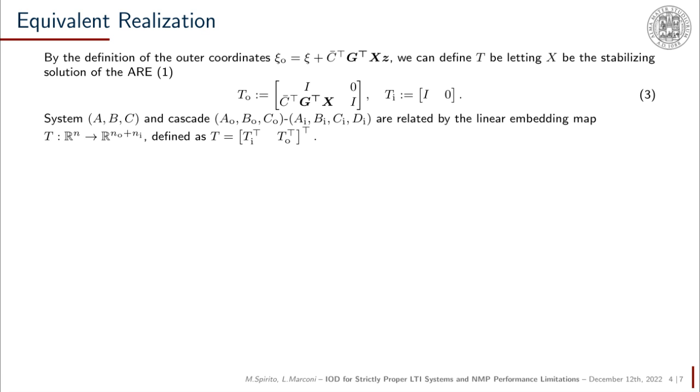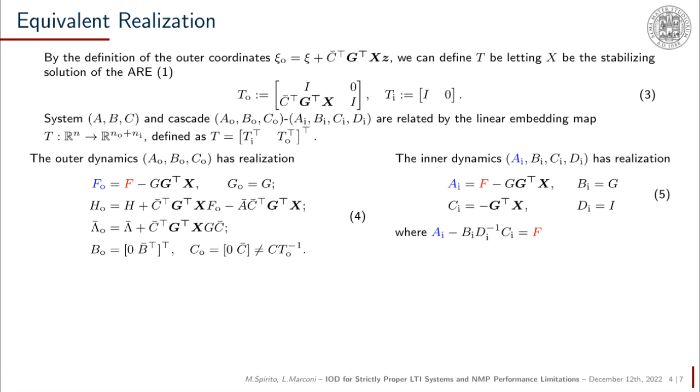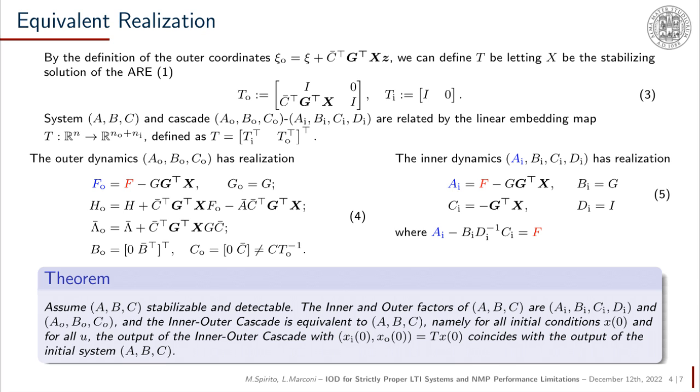So we can actually see that the outer dynamics is minimum phase by definition of the stabilizing trajectory, and the inner dynamics is stable, but its zeros are the same as the original plant.